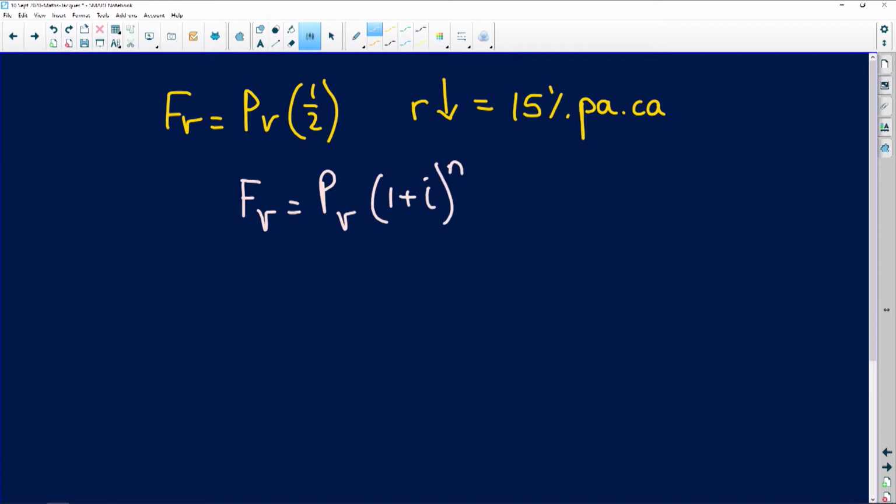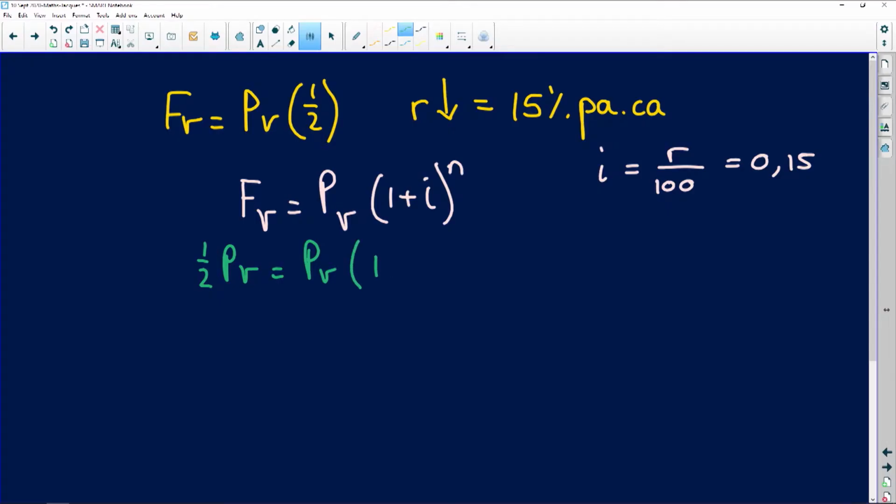Now remember, this i is in this case the value of R divided by 100, which is 0.15. If I replace the left-hand side with half of PV, you can see that the PV actually does not matter. I can just remove them because they're common on both sides.